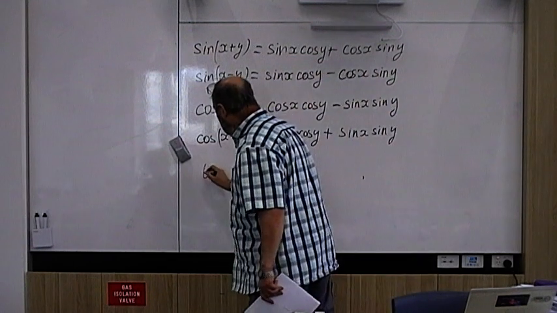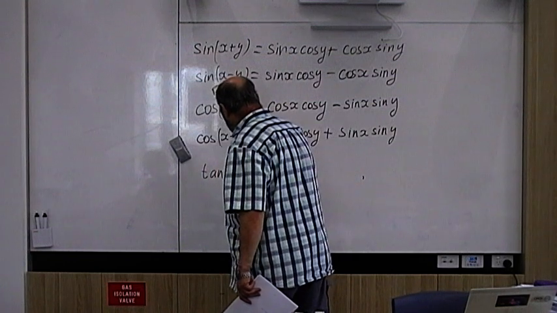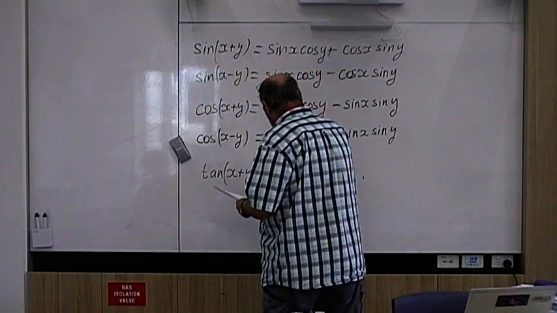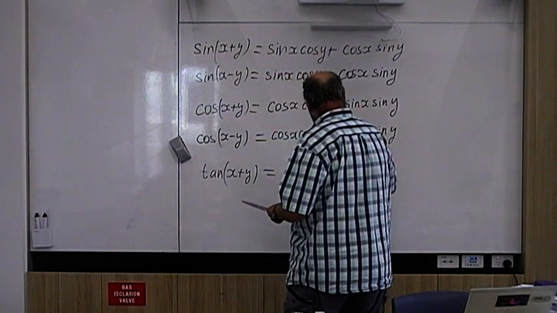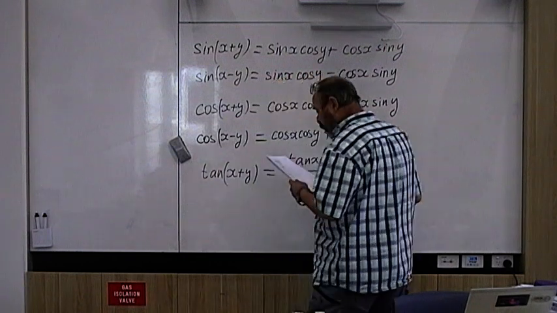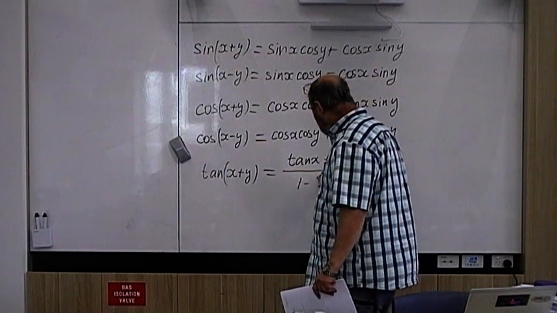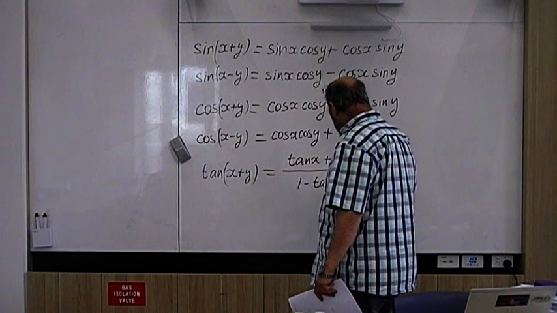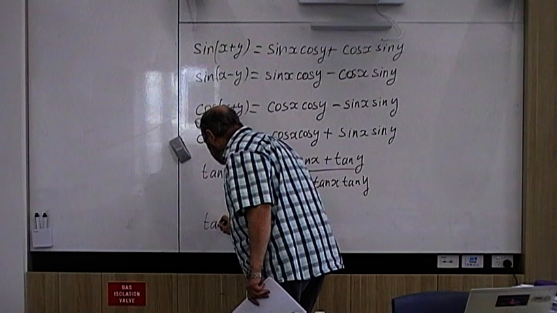And tan of x plus y equals tan x plus tan y over 1 minus tan x times tan y. And tan of x minus y.